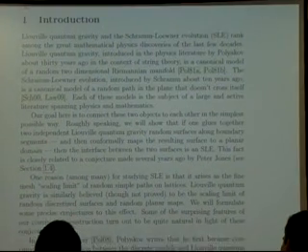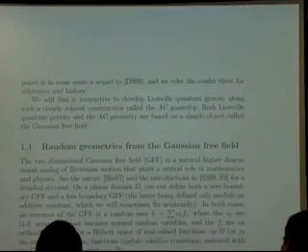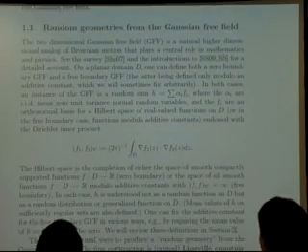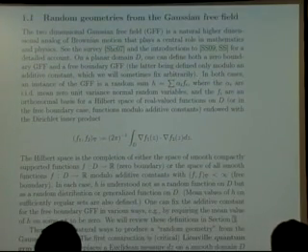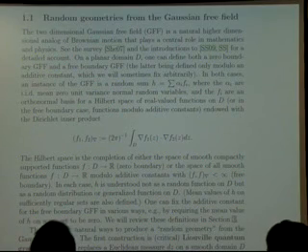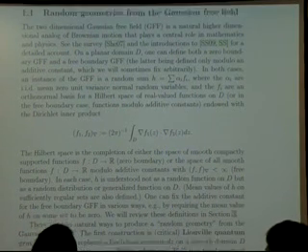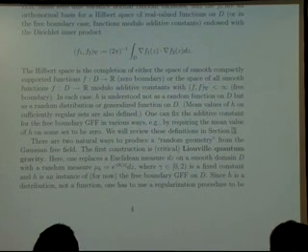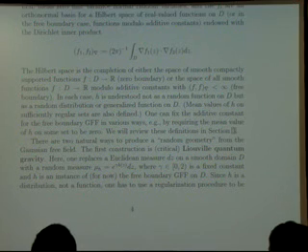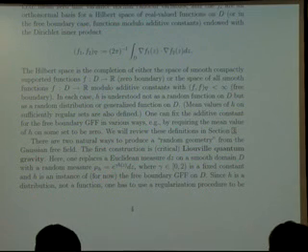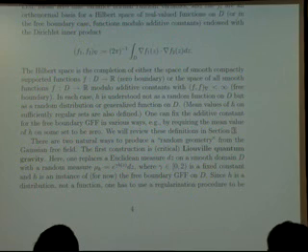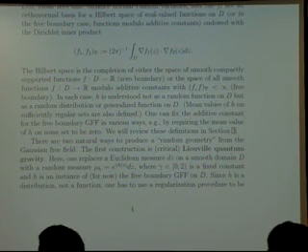I want to highlight two ways of generating this random geometry from the Gaussian free field. First, there's Liouville quantum gravity, where you take mu h to be e to the gamma h of z dz, where h is the Gaussian free field, and we have to make sense of this as a limit in the way I discussed last time. And the second is this AC geometry.